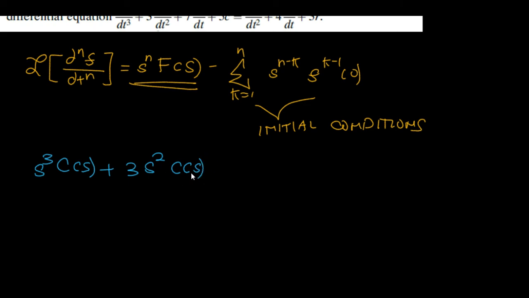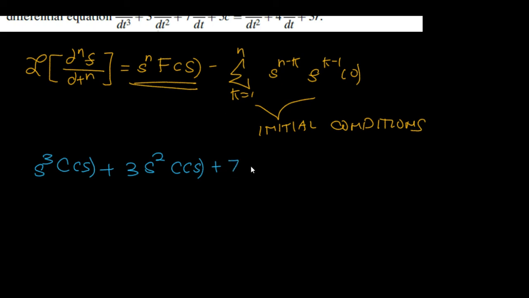Okay, wag kalilimutan yung argument na s, no, kasi yun yung nagre-represent na na-convert na natin, or na-transform na natin into Laplace domain. Okay? So plus, so mayroong derivative pero ang exponent niya is 1 or d prime.